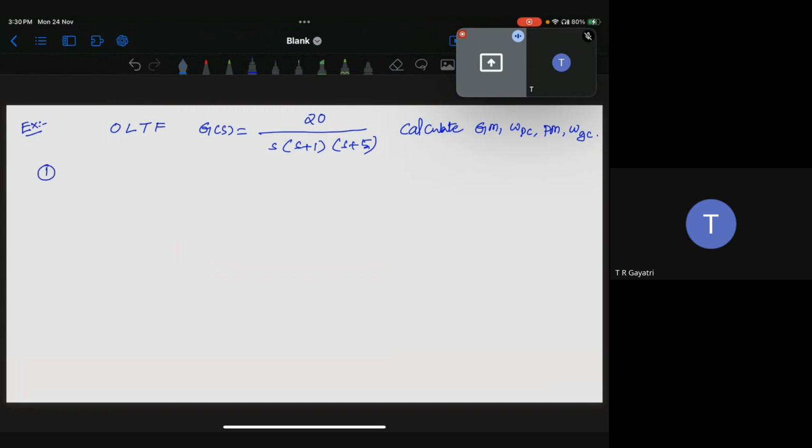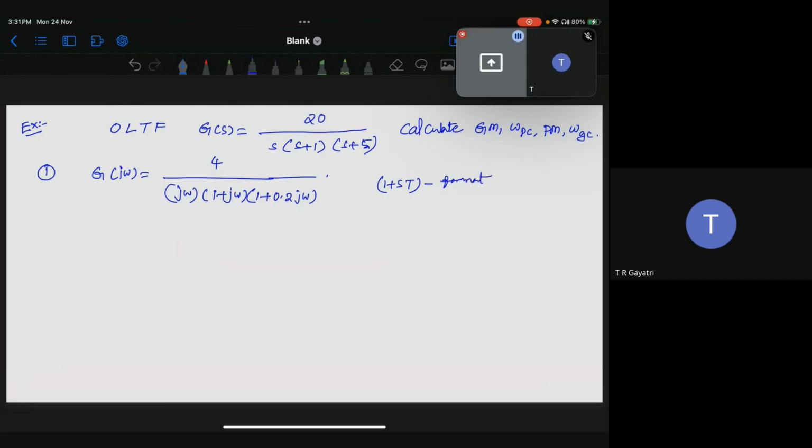In step 1, G of j omega is 4 by j omega into 1 plus j omega into 1 plus 0.2 j omega. What we are trying to do is write the denominator factors in the 1 plus sT format.